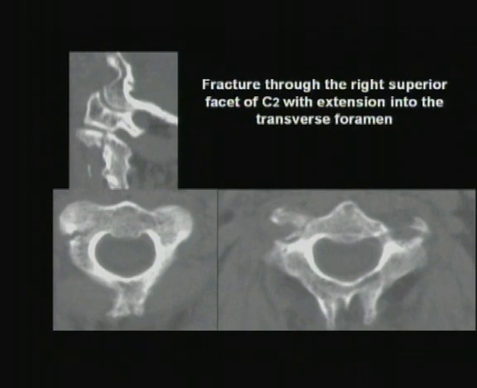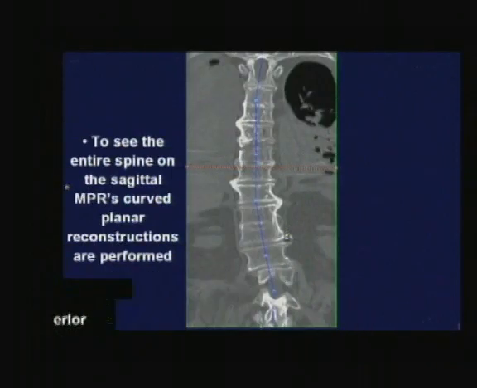And we reconstructed that with quite a bit of overlap. We reconstructed that with 0.5 millimeters. I'd be glad to discuss any of these tricks with you after the session. So we found, as expected, another fracture here in the superior facet of C2 extending into the transverse foramen.